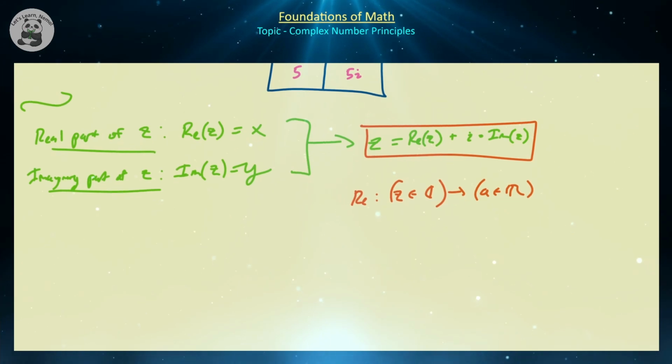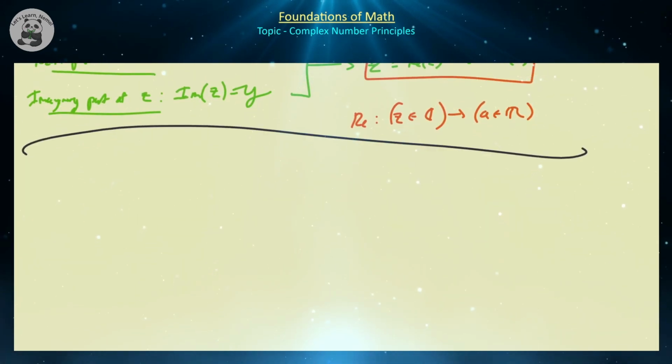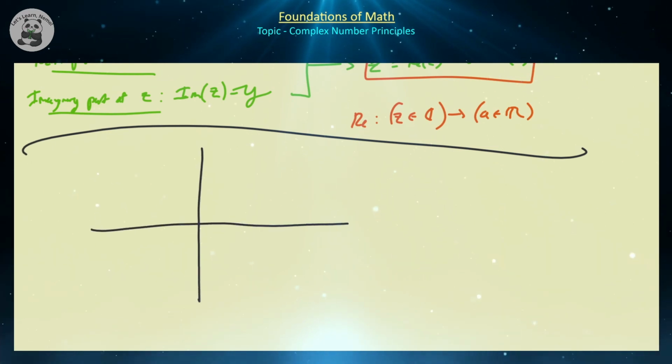So we know how to plot real numbers on a real number line. You can actually do the same for complex numbers, but keep in mind complex numbers have two components, a real and an imaginary part. So if you want to plot a complex number on a complex plane, it's technically equivalent to the real plane. The horizontal axis is going to be the real part, and the vertical axis is going to be the imaginary part of that number.